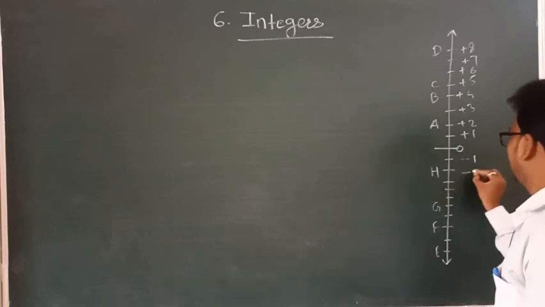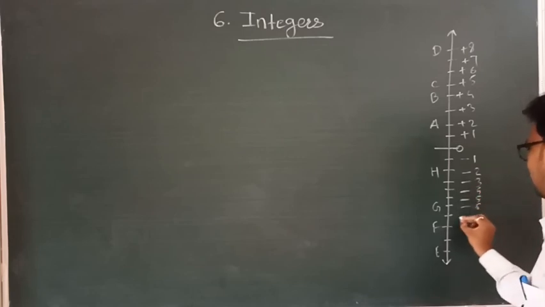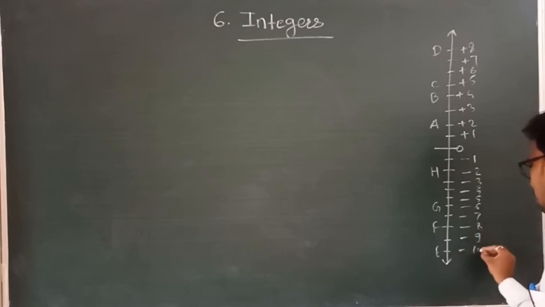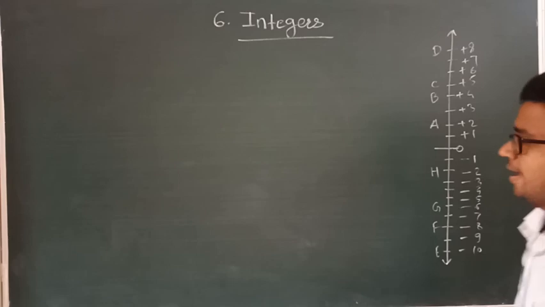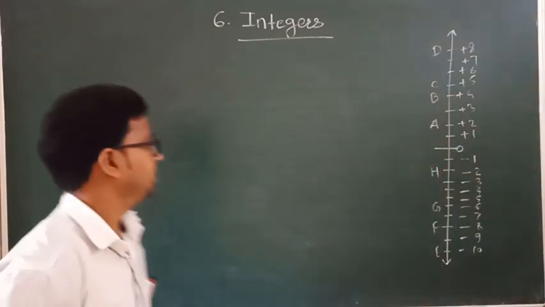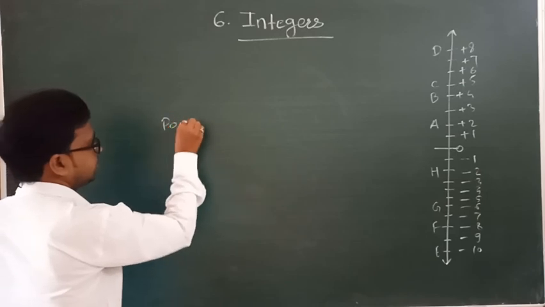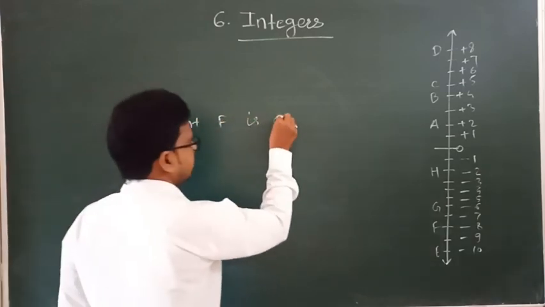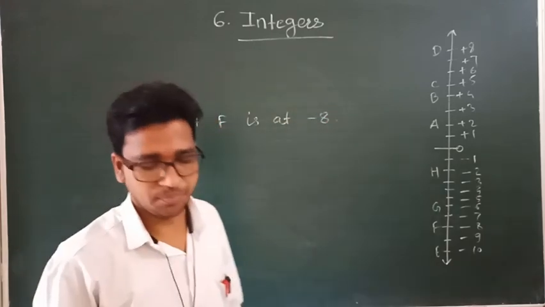So negative 1, negative 2, negative 3, negative 4, negative 5, negative 6, negative 7, negative 8, negative 9 and negative 10. Which point is at negative 8? F. So simply write that F is at negative 8.